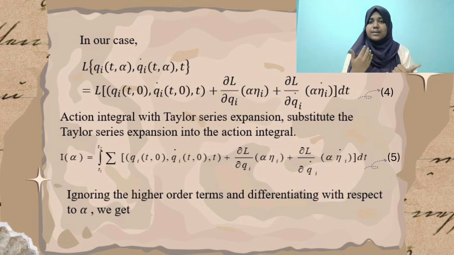So I(alpha) becomes the integral of L(q_i(t, 0), q_i dot(t, 0), t) plus dou L by dou q_i alpha eta_i plus dou L by dou q_i dot alpha eta_i dot, dt. We are labeling this equation as 5, and ignoring the higher order terms, differentiating with respect to alpha.